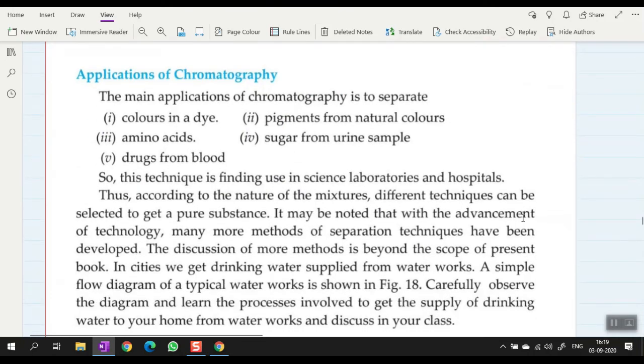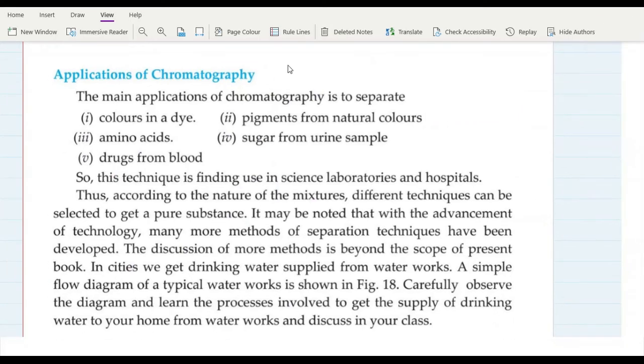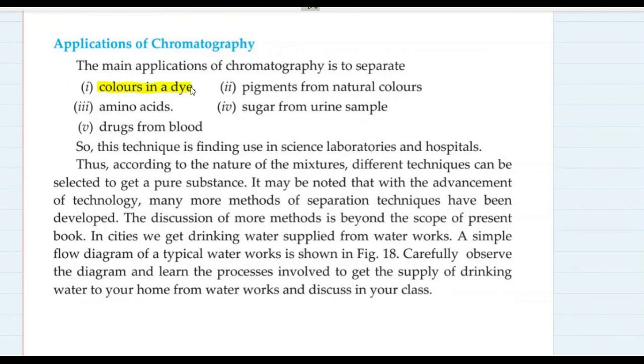Applications of chromatography: the main applications are to separate, number one, colors in the dye, pigment from natural colors, amino acids, sugar from urine sample, drugs from blood. So this technique is finding use in science laboratories and hospitals.